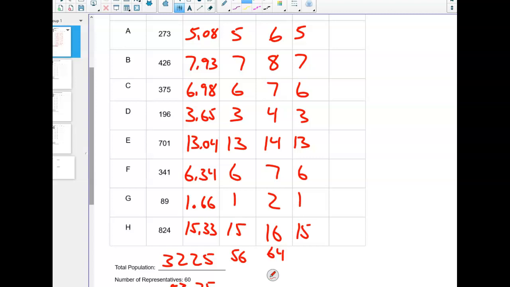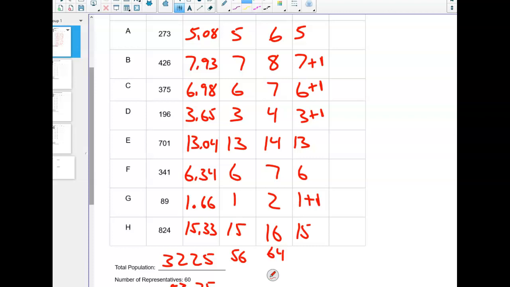The biggest number after the decimal point is 0.98. The second biggest number is 0.93. The next biggest number is 0.66. And the next biggest number is 0.65. And now I've given away my 4 reps I needed to.